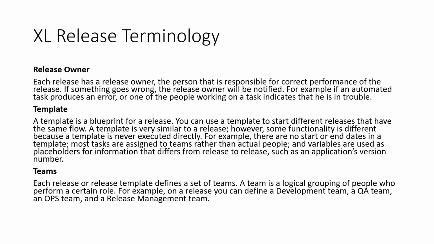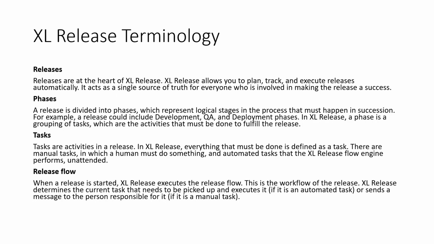He may click approve or something like that if it is enabled. If something goes wrong, the release owner will be notified. For example, if an automated task produces an error, or one of the people working on the task indicates that he's in trouble.